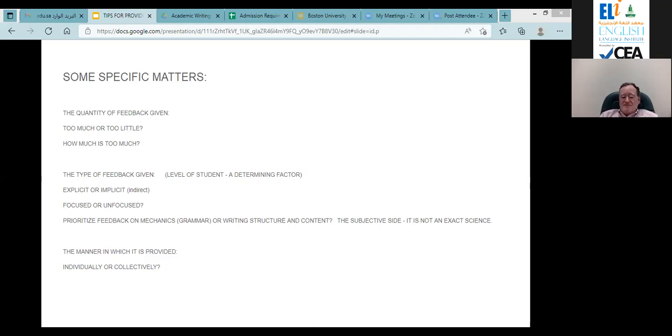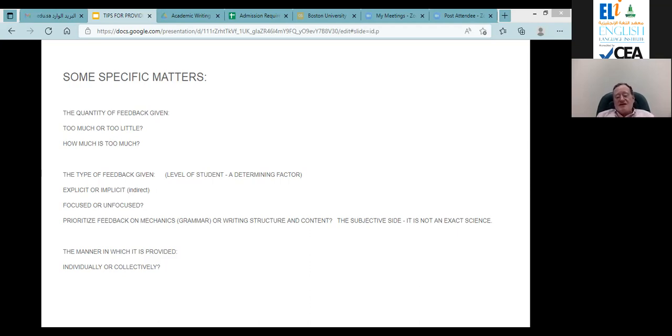So this is one question: what kind of feedback, under the heading of the type? How explicit does it need to be? Again, at a lower level, it needs to be more explicit. At a higher level, it can be more indirect in general.